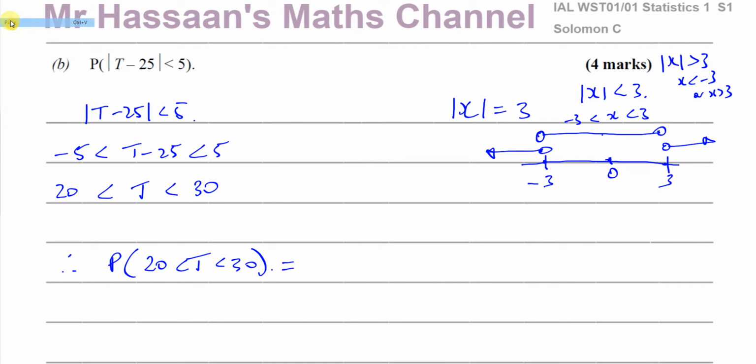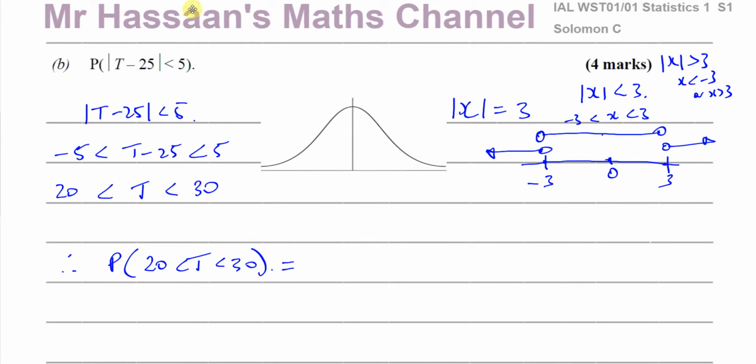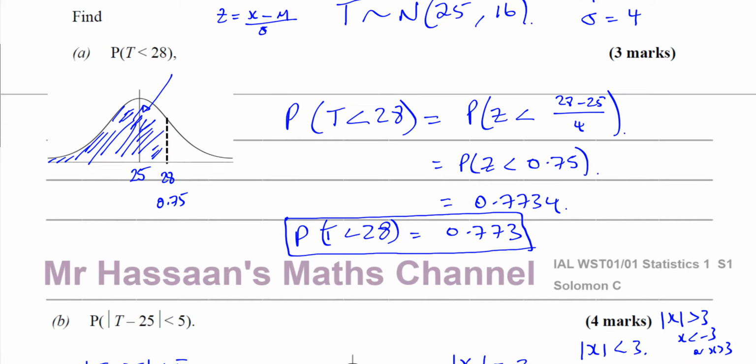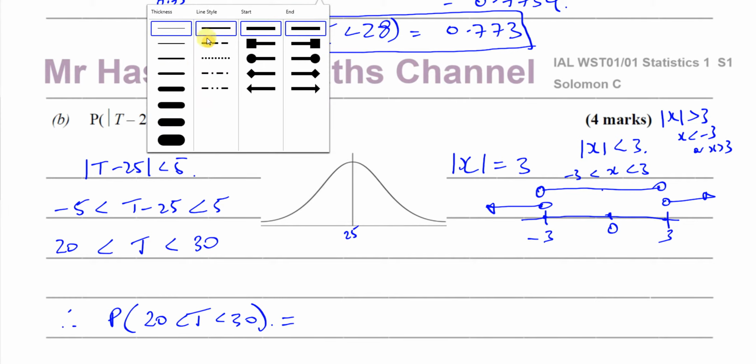get my normal distribution curve here as well. So we need to find the probability that t, we know 25 is the mean, sorry, not 20. 25 is the mean, and we want to find the probability that this is between 20 and 30.